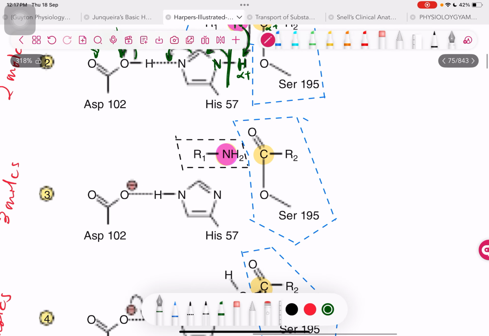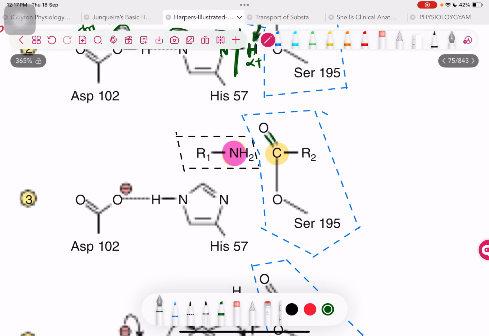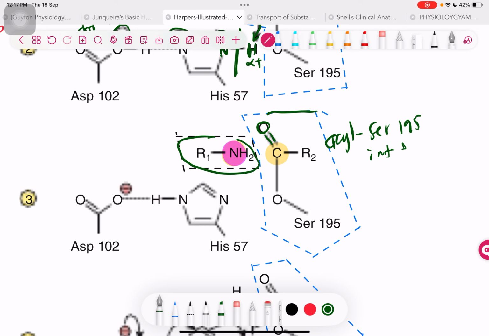This reaction will form our double bond here, our acyl serine 195 intermediate, and this one, our broken N terminal.